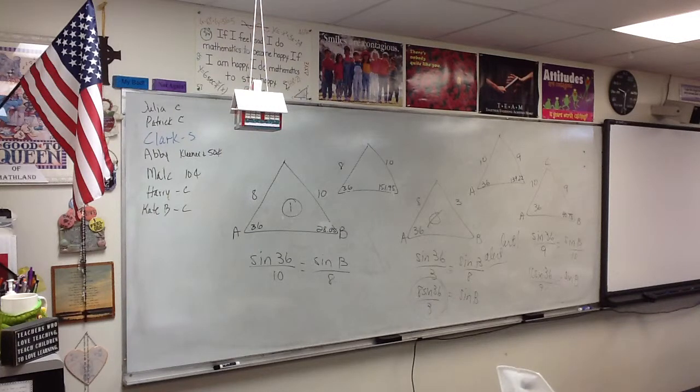They're simply asking you how many triangles are possible. So you need to do as much work as that requires, but as soon as you can figure out there's only one, or there's two, or there's none, you're done and you move on. You don't have to find all the angles and sides. You have to find some to get the answer, but you don't have to finish the problem. Clear on that? All right, I want you to go ahead and get started on that right now.